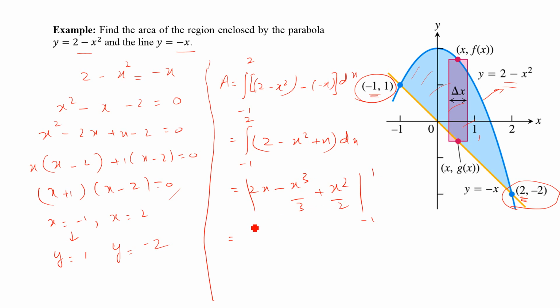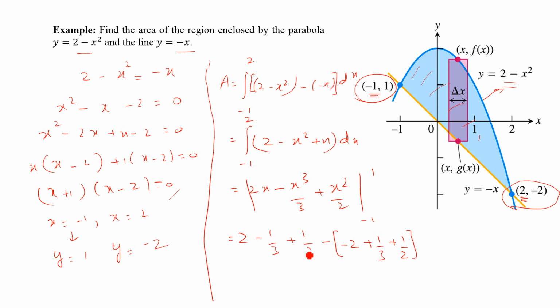When we plug in the upper limit, we have 4 minus 8 over 3 plus 2, and minus, let's plug in the lower limit, we have minus 2 plus 1 over 3 plus 1 over 2.